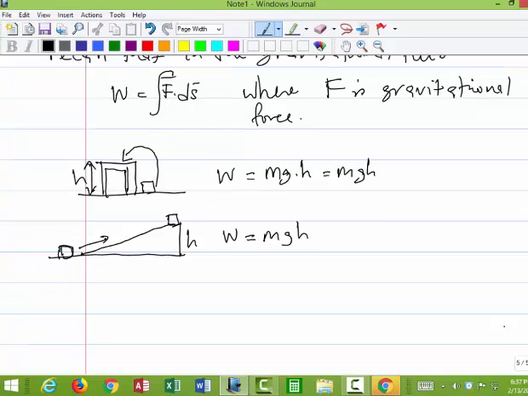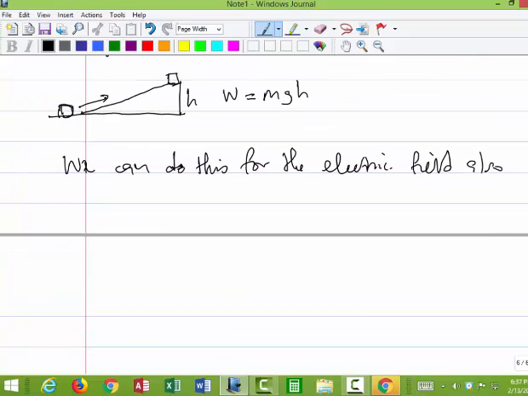In the same way, we can do that for the electric field. Let's say we have a parallel plate like that, with positive and negative, and the electric field goes from this point to this point.